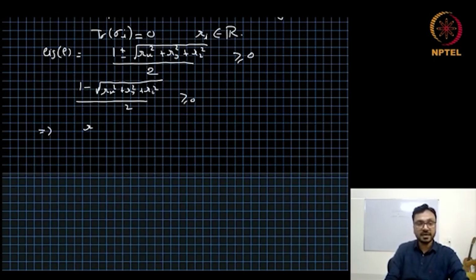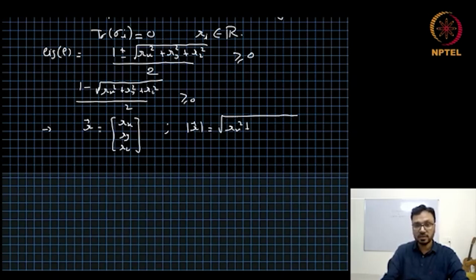If we define an R vector, which is a three-dimensional real vector Rx, Ry, Rz, then the R vector mod will be the square root of Rx square plus Ry square plus Rz square. So this becomes 1 minus the R vector mod over 2. And from here we can say the R vector mod should always be less than or equal to 1.